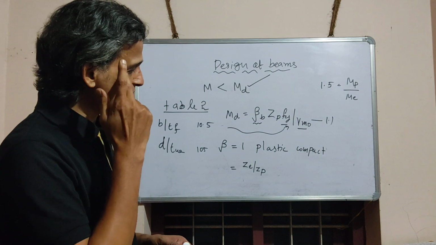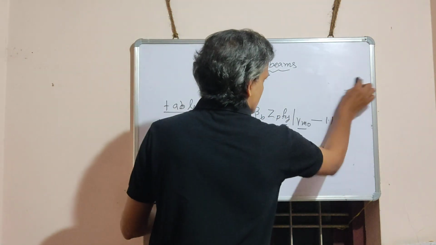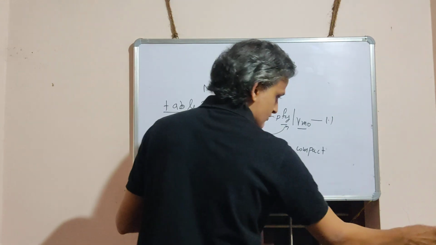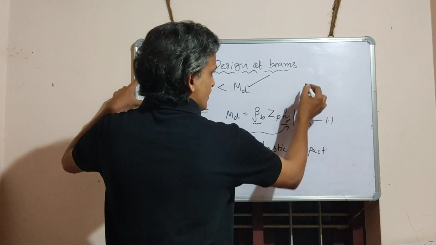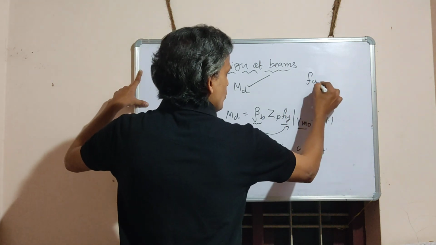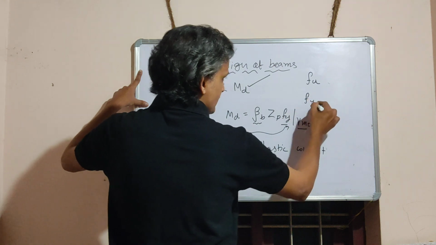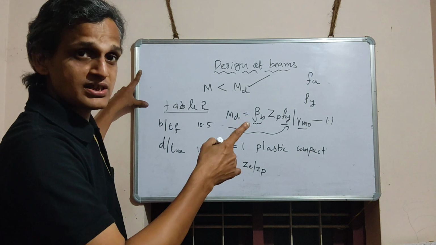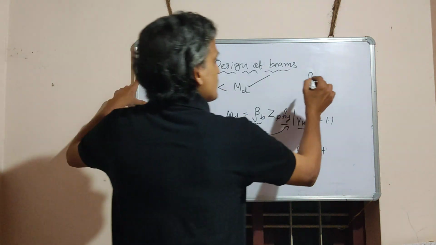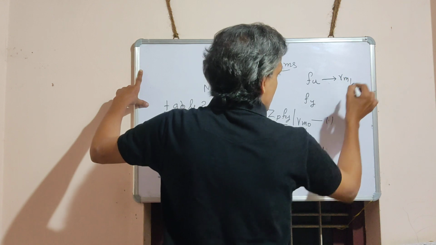Here you have to remember one important point: in IS 800 there are mainly two stress terms, Fu and Fy. Fu is the ultimate stress and Fy is the yield stress. The factor of safety accompanying Fu is gamma m1.